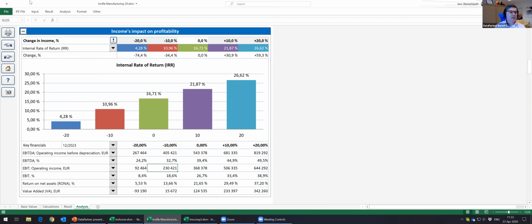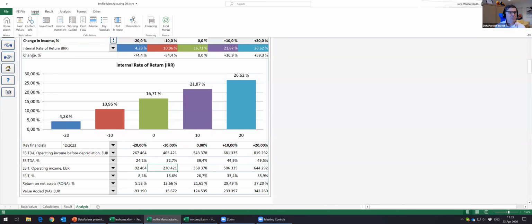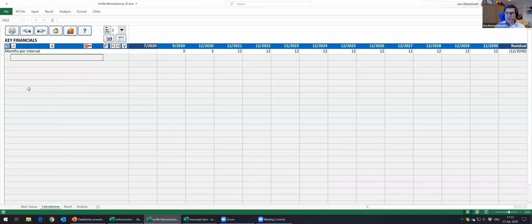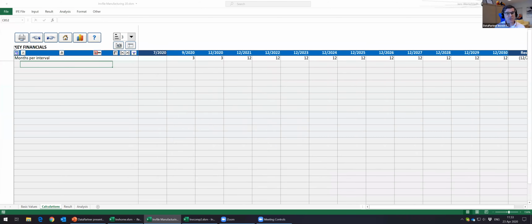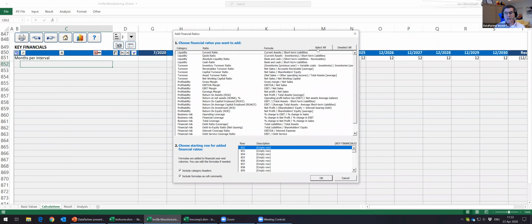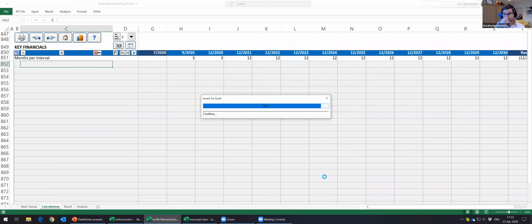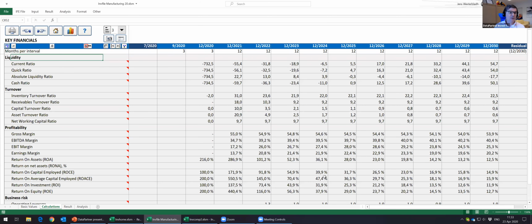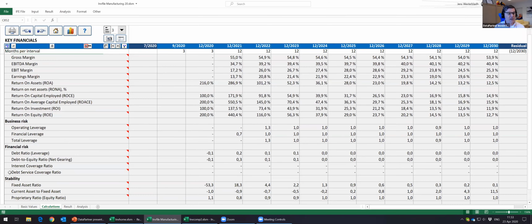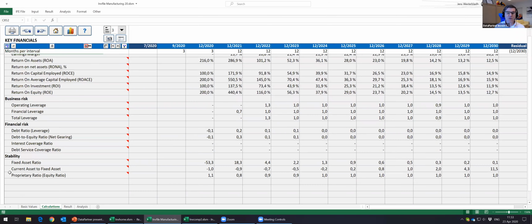There is something called input key financials, which is empty by default. You can add your own ratios, you can name them and create your own formulas, but there is also in the new version a set of standard ratios which you can choose which to include or to include all. Liquidity ratios, turnover ratios, profitability ratios, business ratios, financial risk ratios, stability ratios.